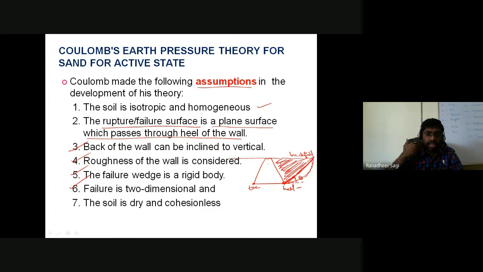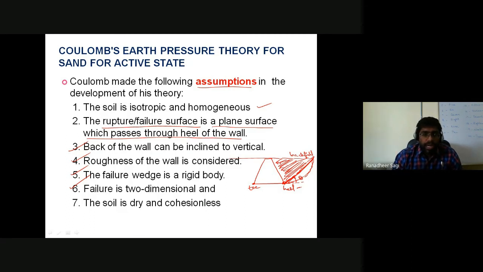That means it is a plane strain condition. The deformation or failure in that direction is not happening, so the failure surface is developed only with respect to this plane.